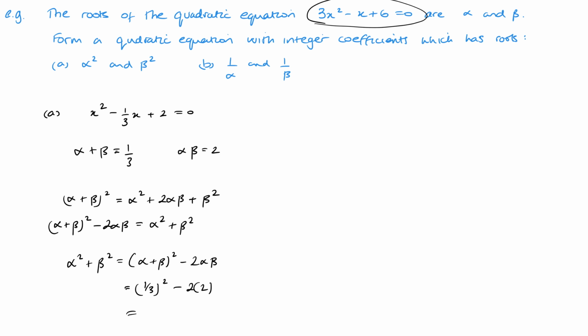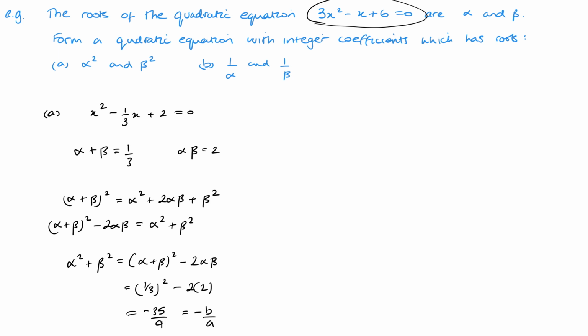This will give us negative 35 over 9. So that's my alpha squared plus beta squared. It's worth pointing out that this is also going to be equal to minus B over A, the sum of the roots.